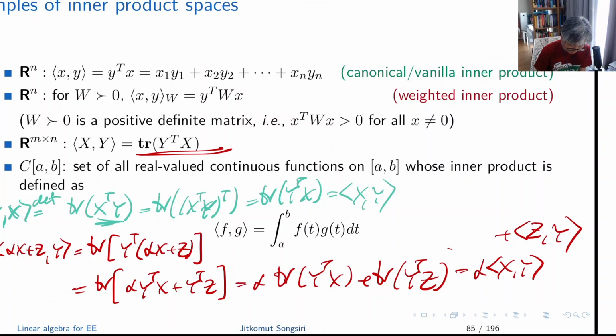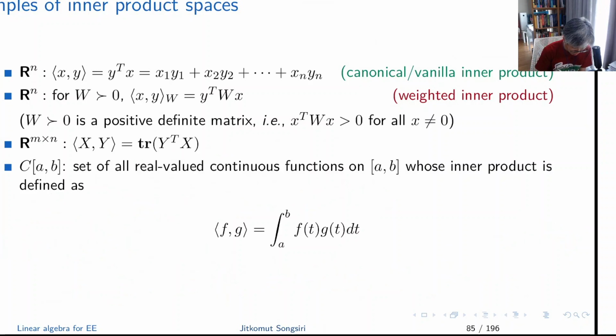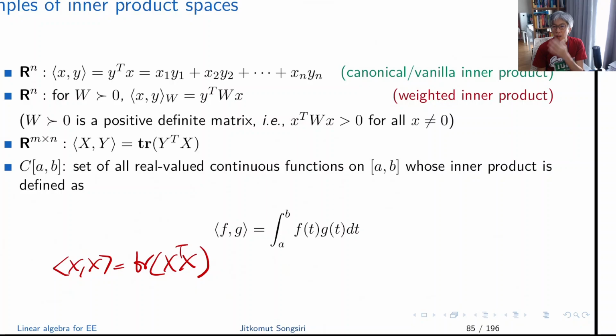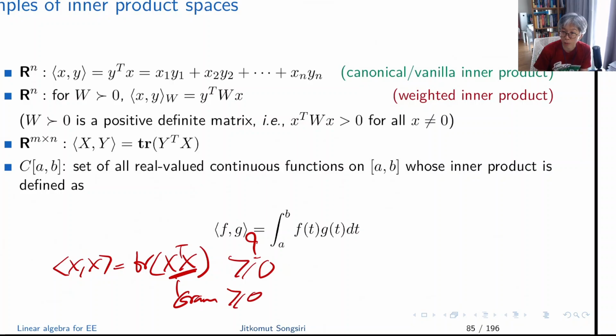Last one, positive definiteness. How about you take an inner product with itself? You're going to have trace of x transpose x. Is it non-negative? How would you conclude that? This is a Gram matrix, all right? The Gram matrix is always non-negative.